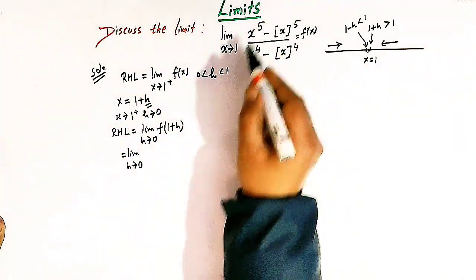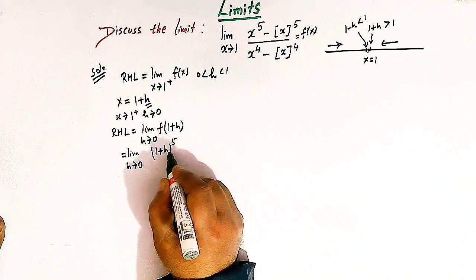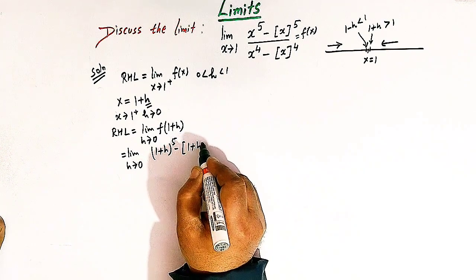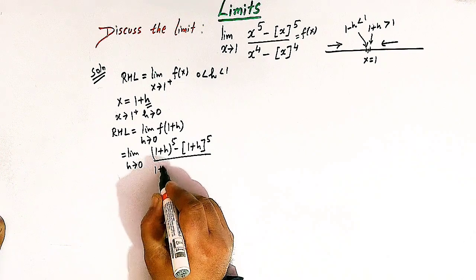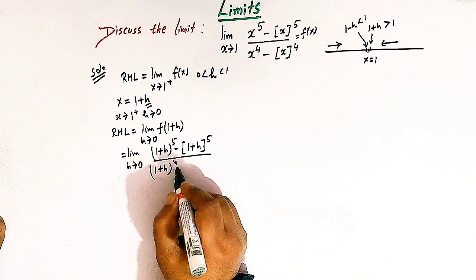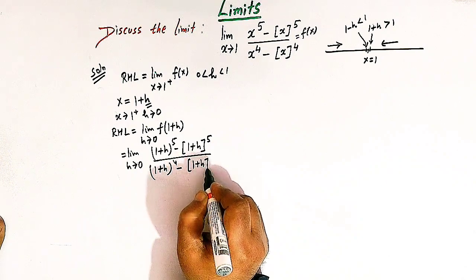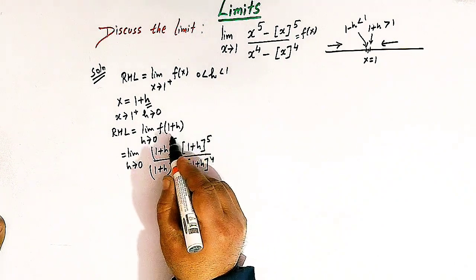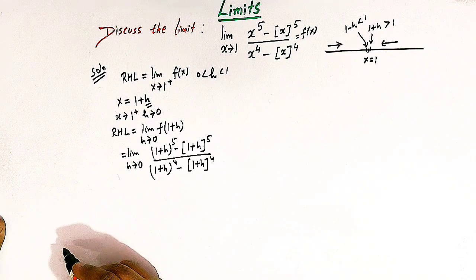So we have x raised to 5, so here we have 1 plus h raised to 5. Then we have greatest integer of 1 plus h raised to 5, and here we have 1 plus h raised to 4 minus greatest integer of 1 plus h raised to 4, right? So now we have to evaluate this limit when h approaches 0, right?